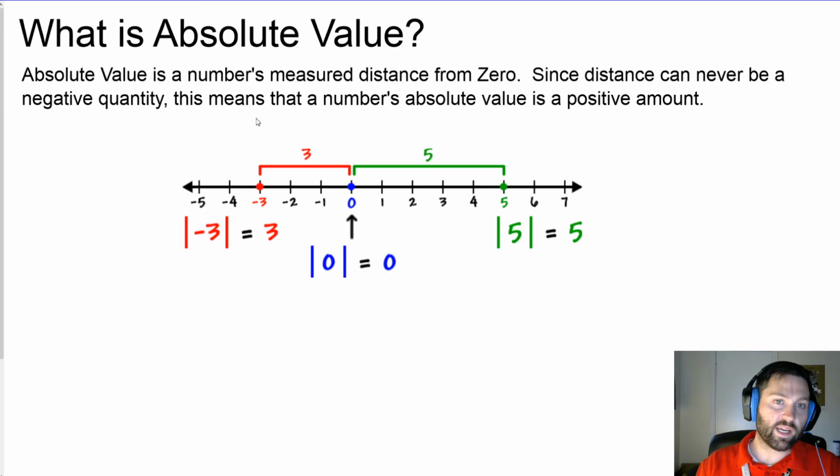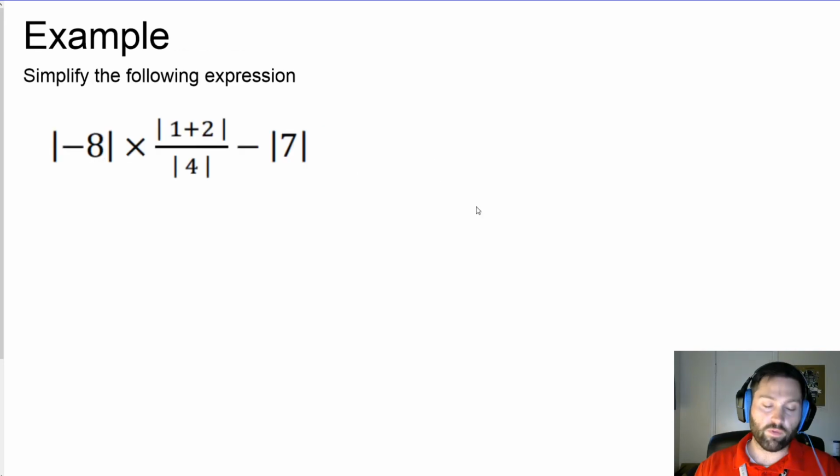You're going to notice in this expression that there are no numbers. That's okay, or no variables. That's okay. I'm just trying to get you used to the idea of simplifying expressions in general that have absolute value in them. So since all of these are within absolute value symbols, I need to take the absolute value of them first, but I have to do the 1 plus 2 first.